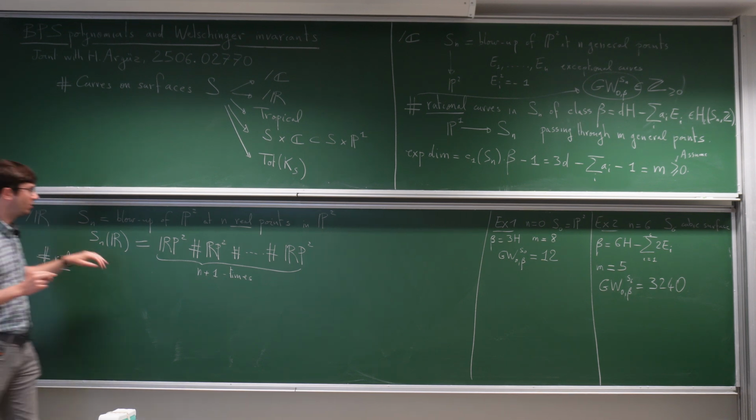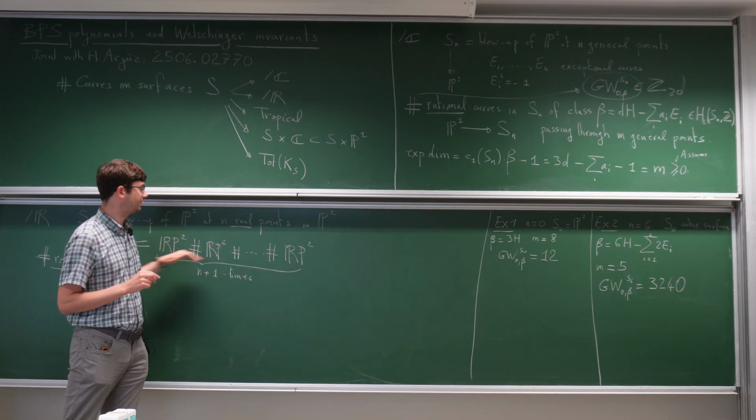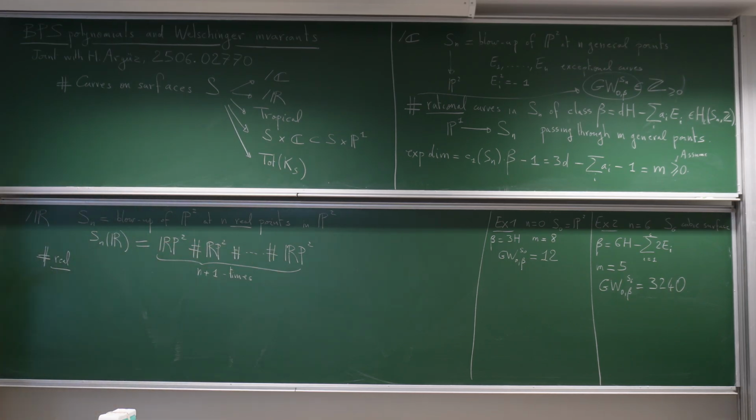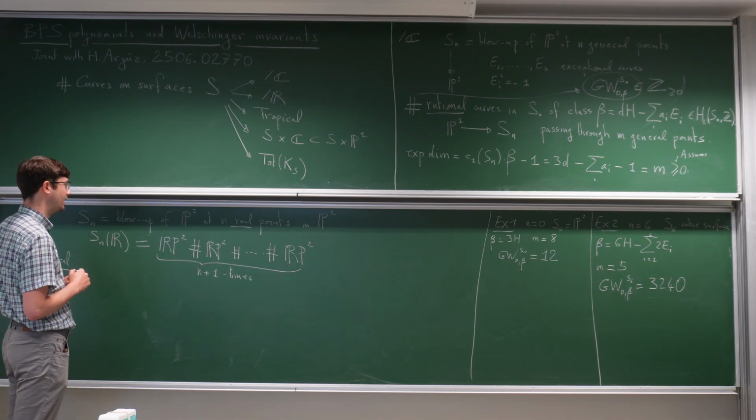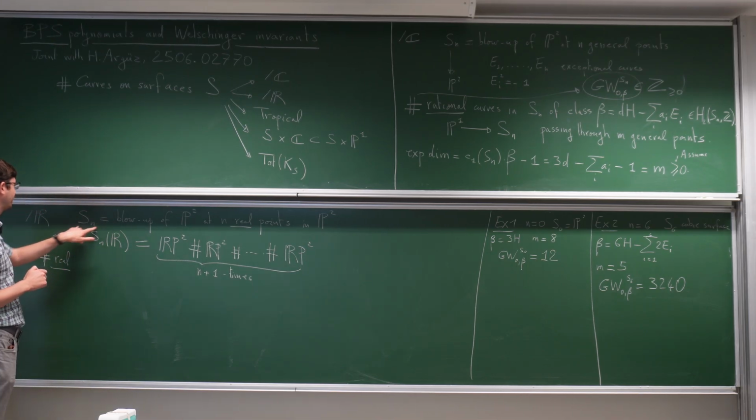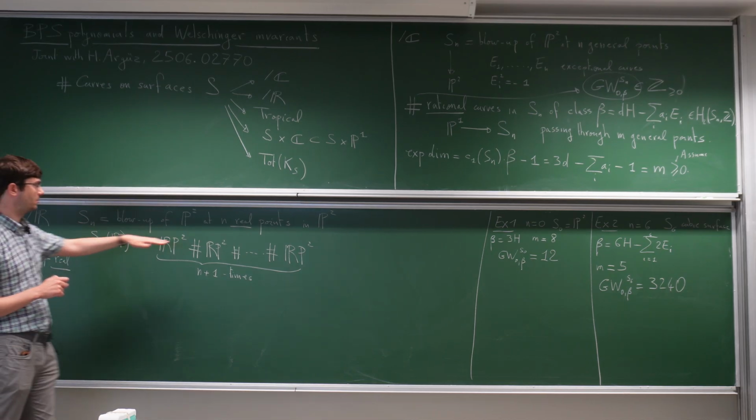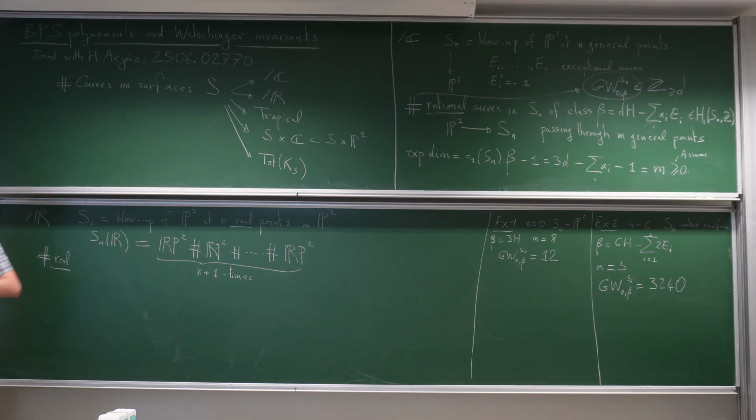If you do that, the real locus might have a more interesting and different topology. Sometimes the real locus might have different connected components, and so on. So there is a rich collection of real structures you might consider, and I'm considering the simplest possible one, where I blow up only real points.